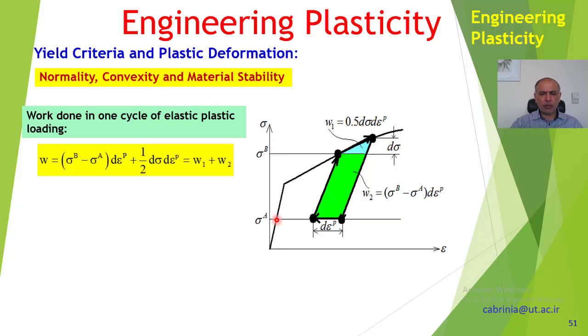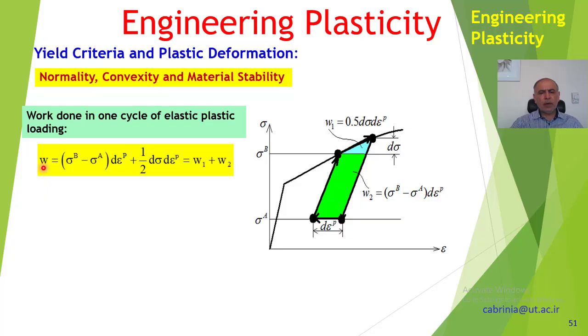So we have moved from sigma A to sigma B, and that's the epsilon, and that's the change in deformation. Okay, up to this point it was linear, and after this it is strain hardening. Okay, let's see what happens here.